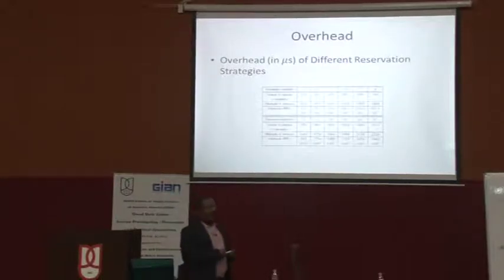Now, overhead is another problem. You can see in microseconds the overhead that different strategies experience. Single contract is about 271 microseconds. For 2 months, it is 46.